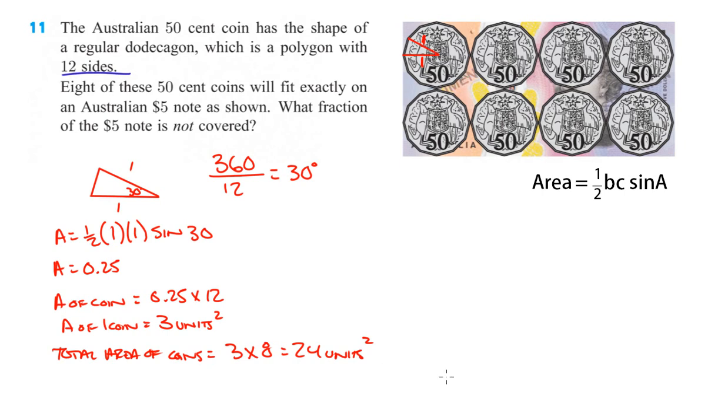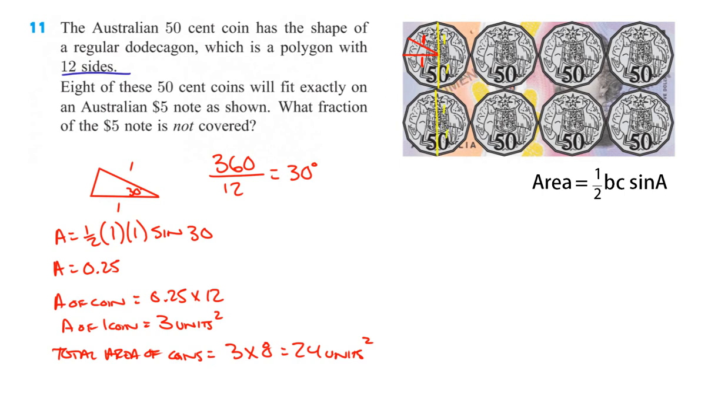Okay, so now we just have to figure out what the area of this whole thing is going to be. Since we called this 1, this distance from here all the way up to here is going to be 1, and down to here is another 1, down to the middle here another 1, and another 1.